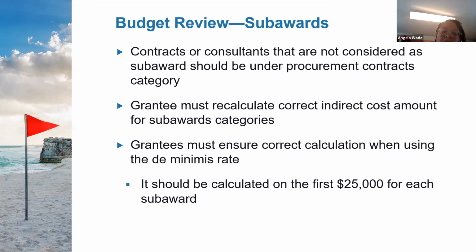So if you have a subaward for, say, $75,000, and they're going to be working in your grant program for a year, the total you need to calculate it on is the first $25,000, not for each year, it's for the entire amount. Apologize. And again, list out each subaward separately and the total cost, and make sure you are calculating correctly when you're applying indirect cost to that. Next slide, please.